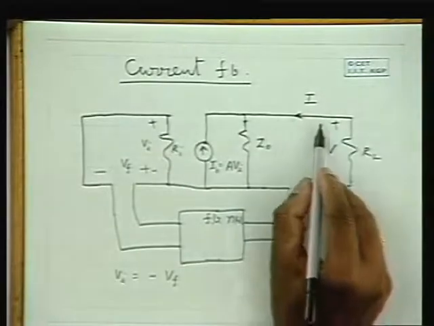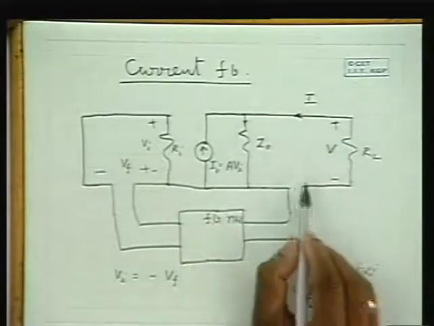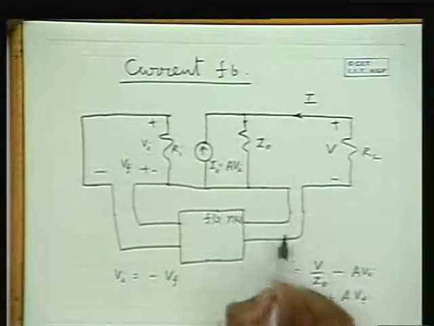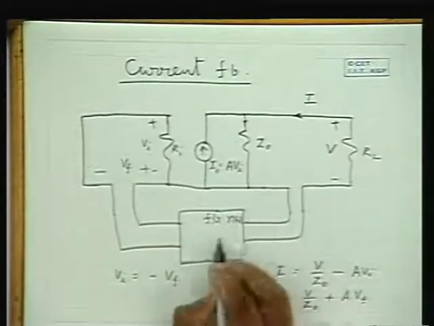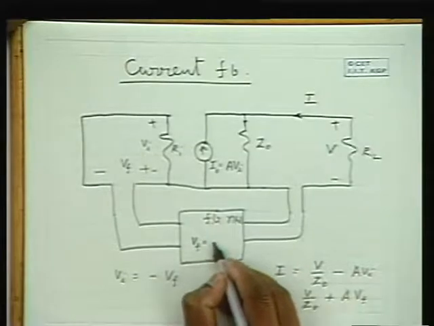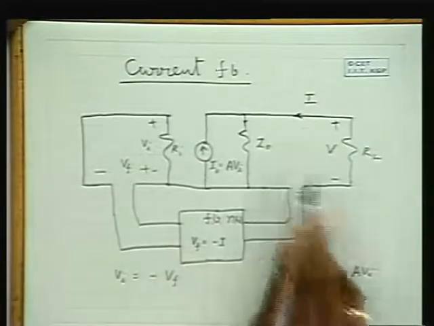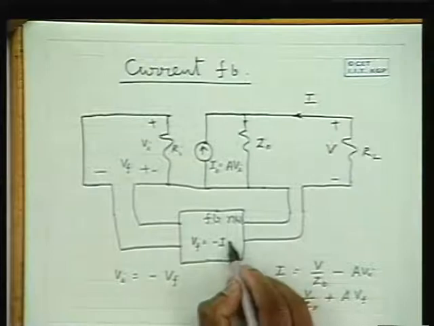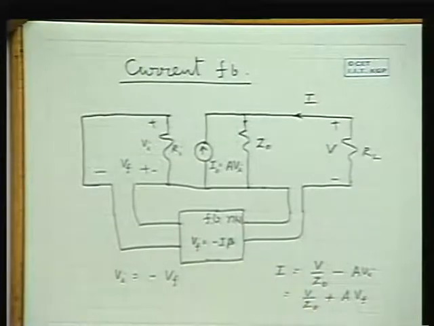And if the current direction is this, and this is opposite to this current direction, therefore here Vf is equal to minus I times beta.